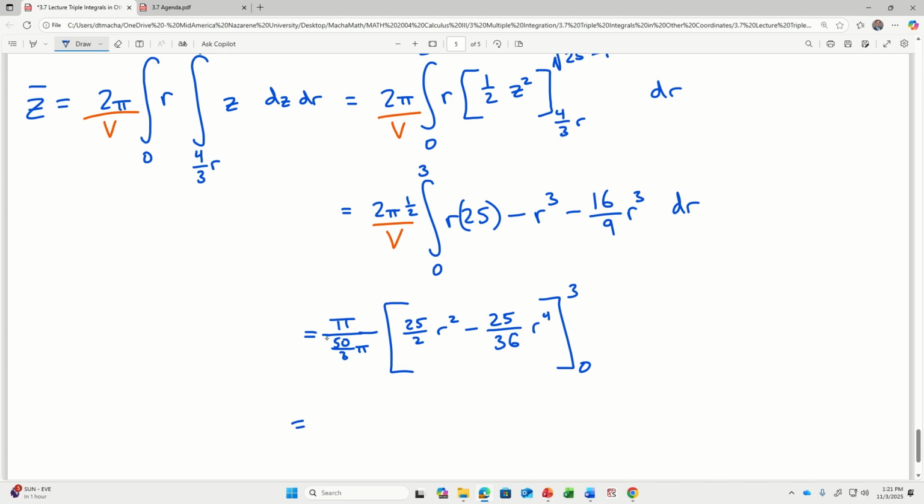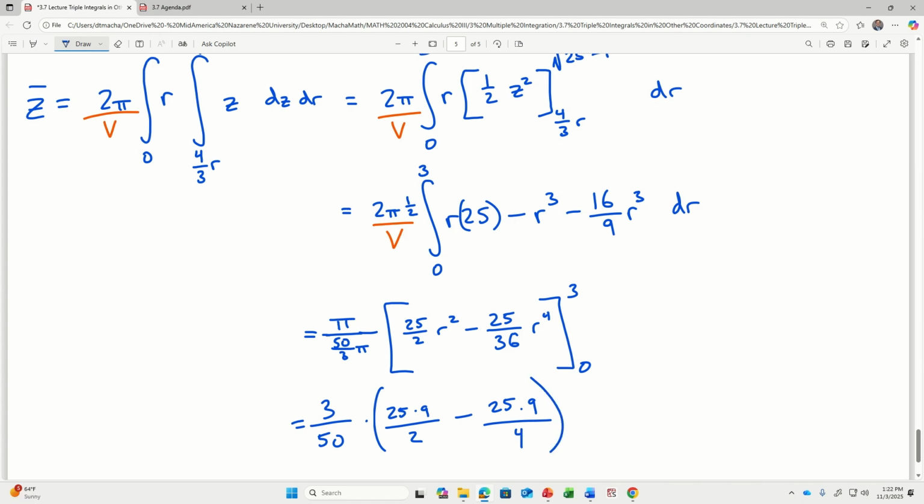The pi's cancel, and we get 3 over 50 times, the zeros would give me 0. The 3's would give me 25 times 9 over 2 minus 25 times 9 over 4.